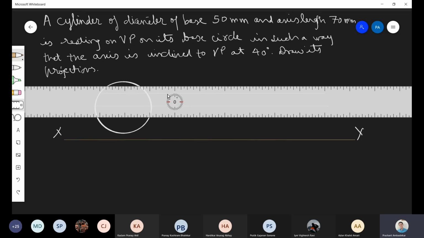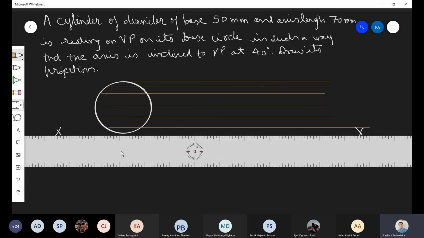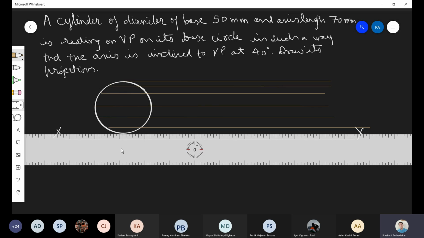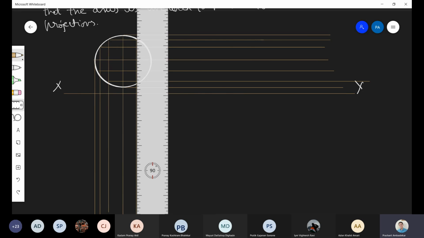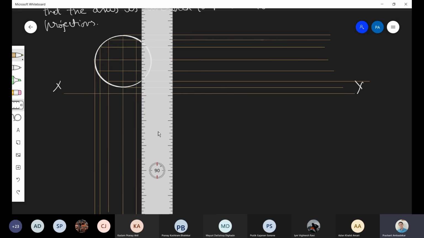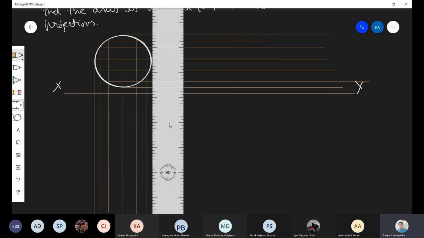So it will be projectors in vertical direction, and then the final projector from this point.